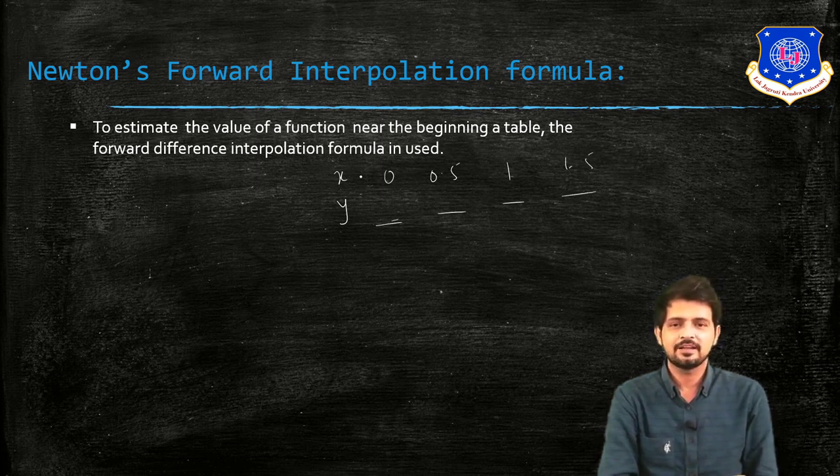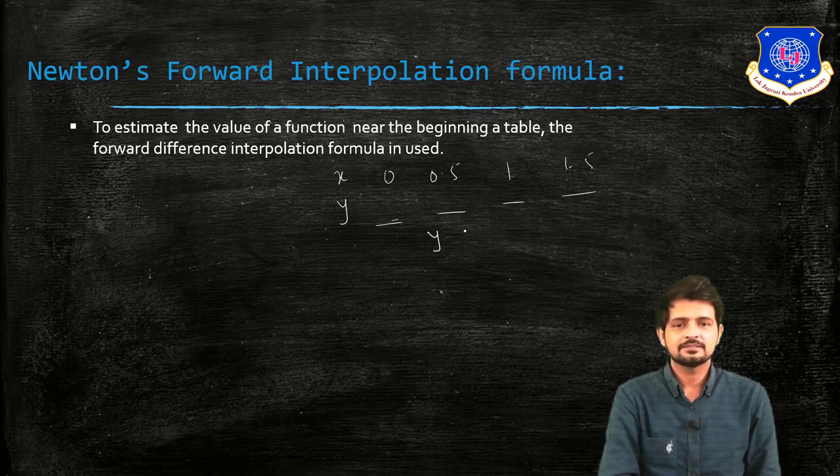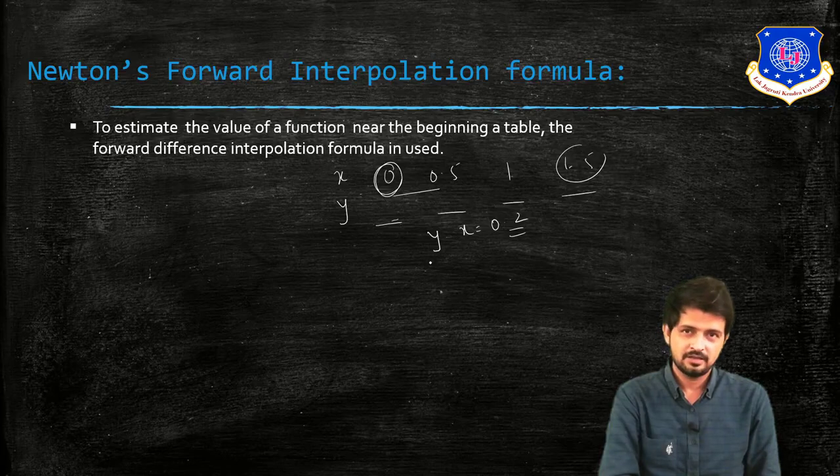Any values of y are given, and if I want to find the value of y for x is equal to 0.2. See, here 0.2 is near to the starting value. See, 0.2 is near to 0, not 1.5. Okay, for that purpose, in such a case we have to apply Newton's forward interpolation formula.